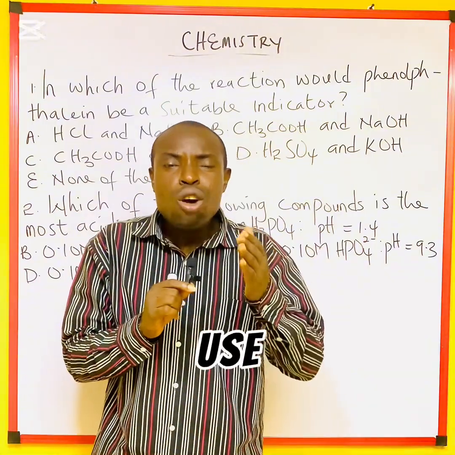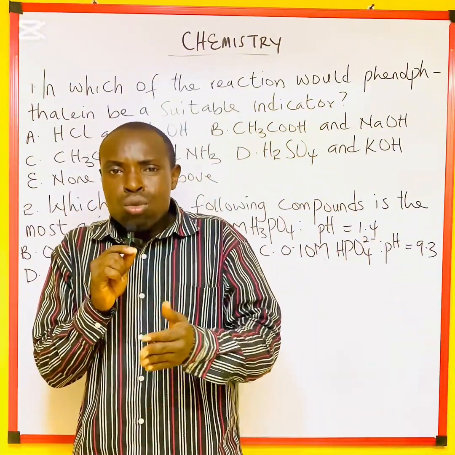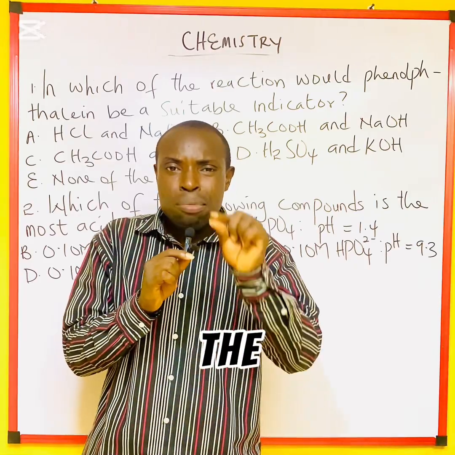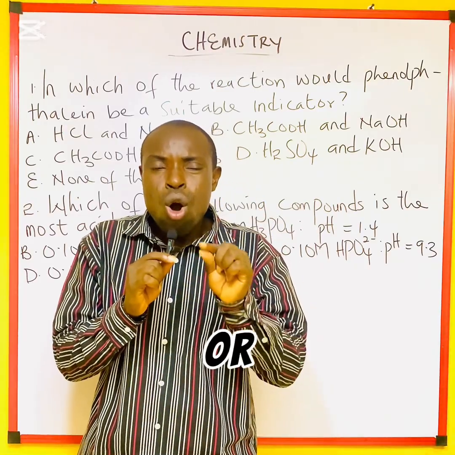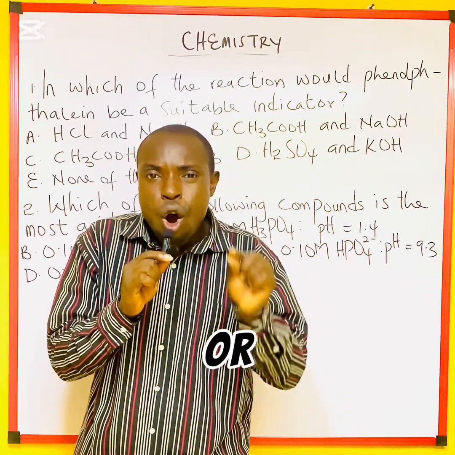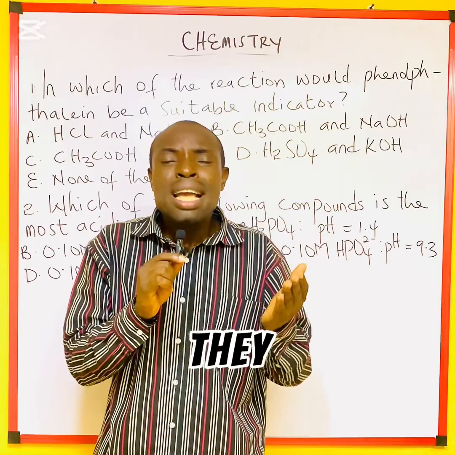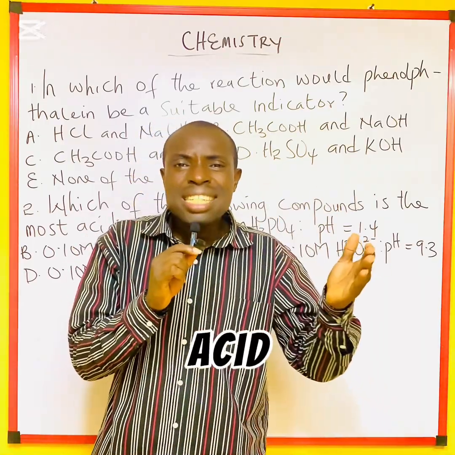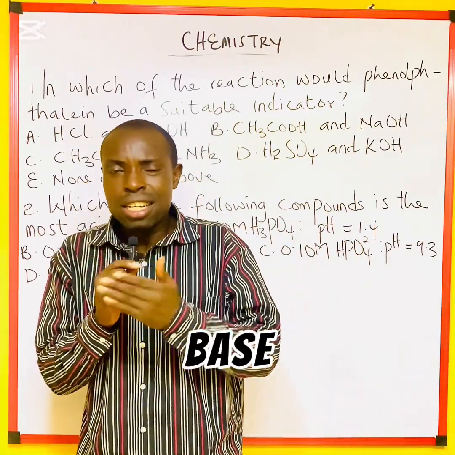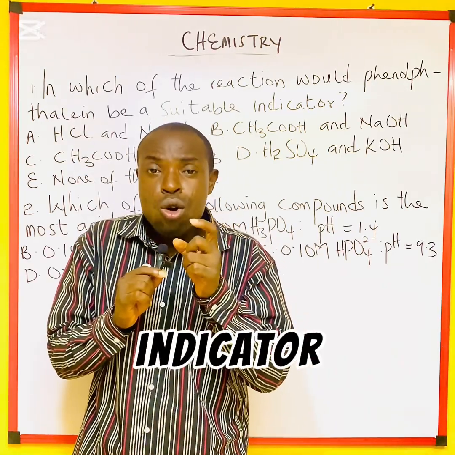But when we make use of a strong acid and a weak base, the best or suitable indicator is methyl orange or methyl red.